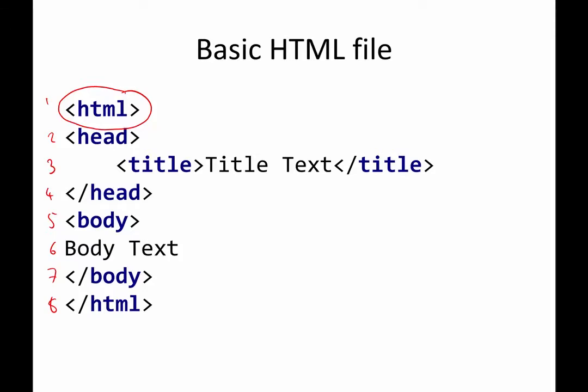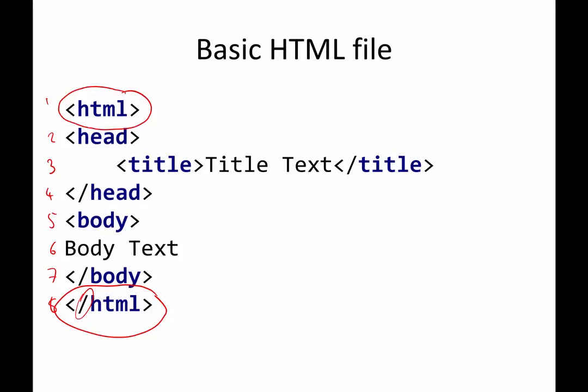Have a guess. 3? I just saw the slash. Okay, title. So the closing tag always looks like the opening tag with a forward slash. So the answer is 8. Here we are basically saying we are opening the HTML document, and this is the same with a forward slash, so here we are closing it.